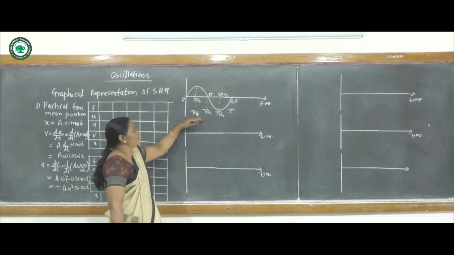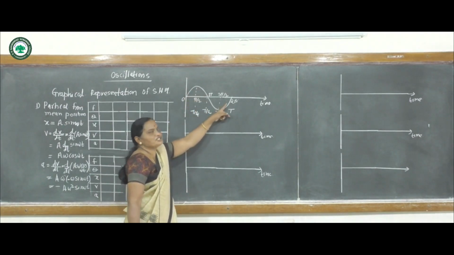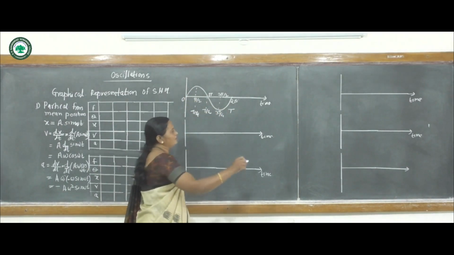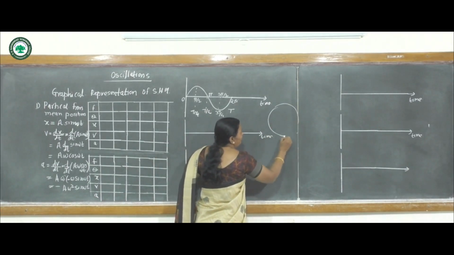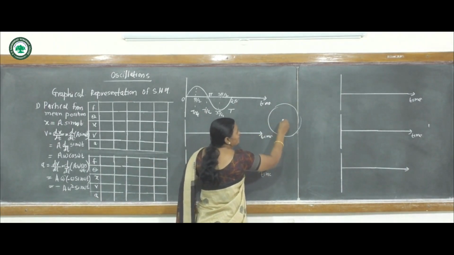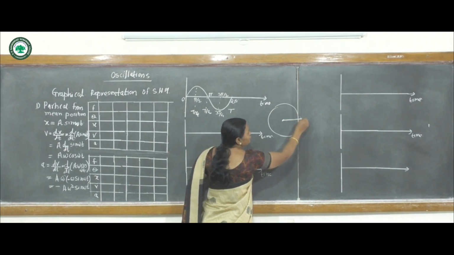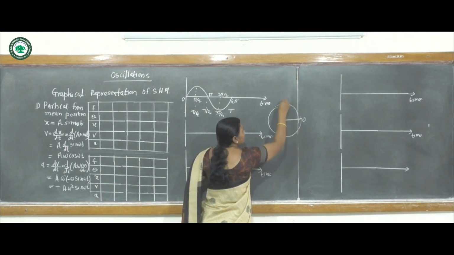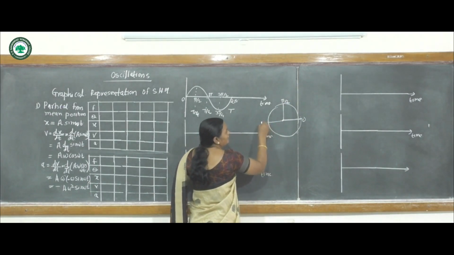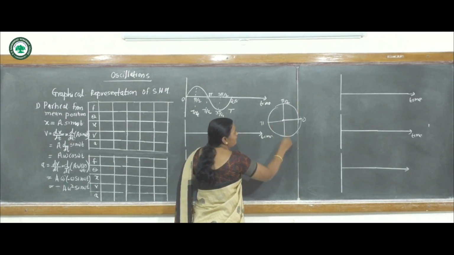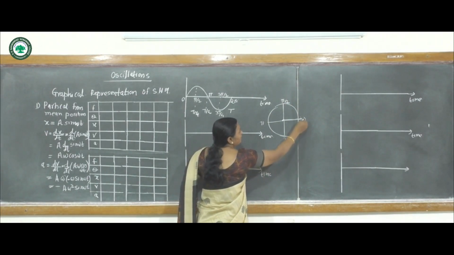See again, this is the one oscillation here. Suppose we consider a circle, with x equal to 0 here. This is pi by 2, this is again mean position at pi, then 3 pi by 2, and again 0.